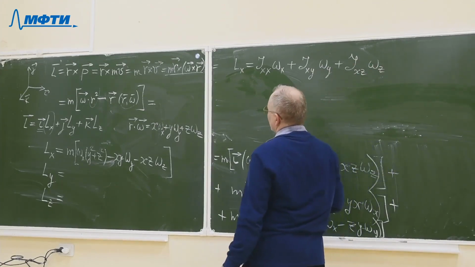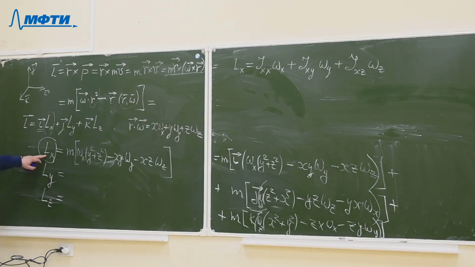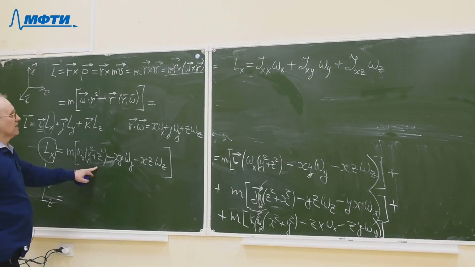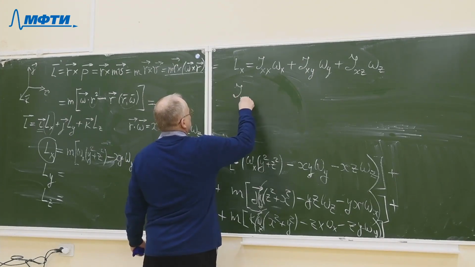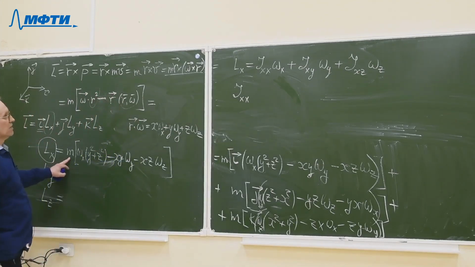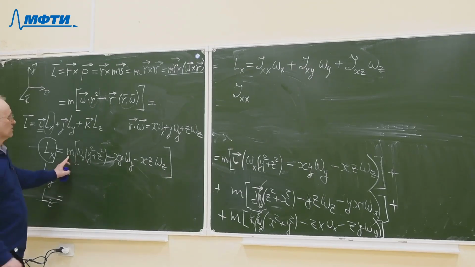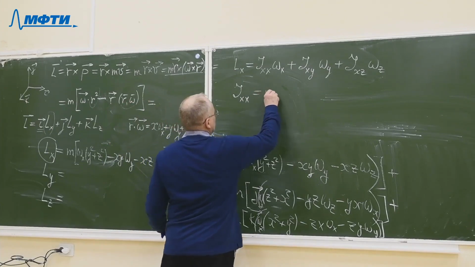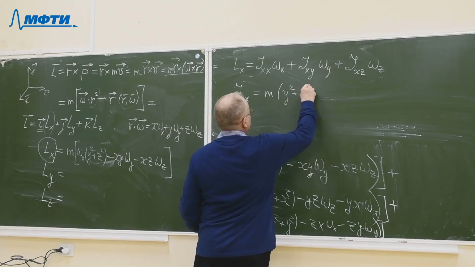And comparing this expression with this expression for the x component of vector L, we may immediately find that the xx component of the tensor of inertia will be the coefficient at omega x, which is m times y squared plus z squared.